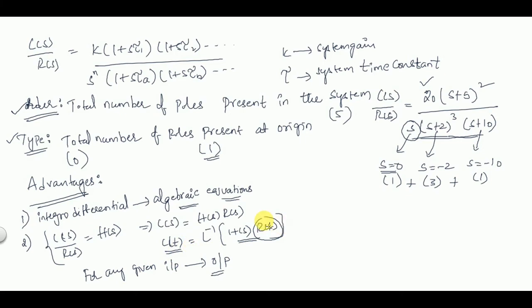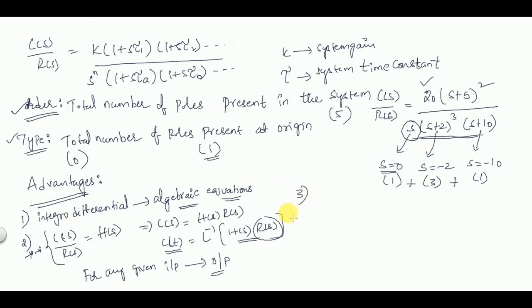So for any given input R of t, that is R of s, we can find C of t, that is the output. This is one of the main advantages. If you find the transfer function of any system, you can apply different inputs and obtain different outputs, and we can calculate that manually also.